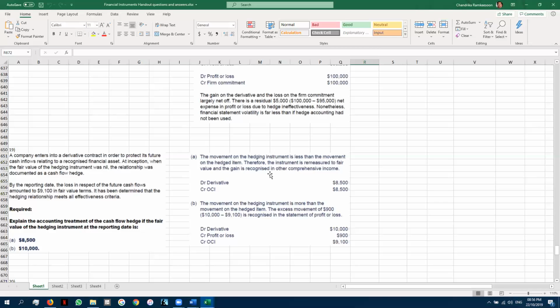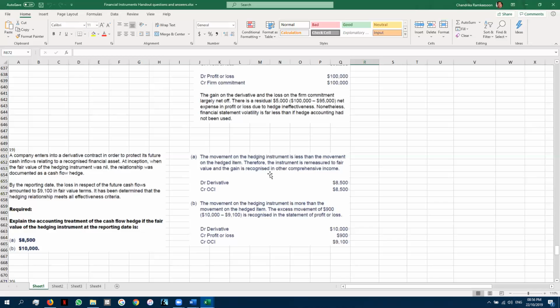So the fair value of the hedge instrument, firstly, is 8,500, and secondly, 10,000, and the loss in respect of the future cash flows is 9,100. Now remember what we saw.